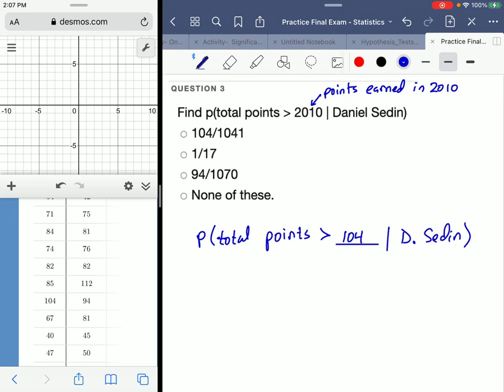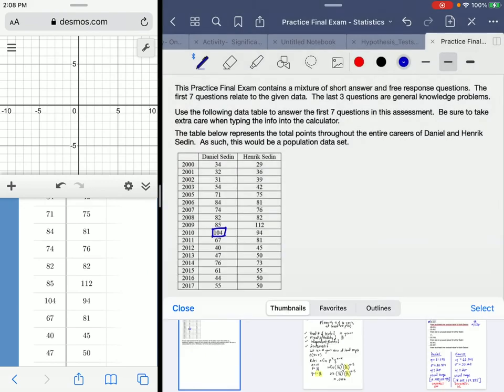So I'm looking for the number of values greater than 104, but only for Daniel Sedin's information.